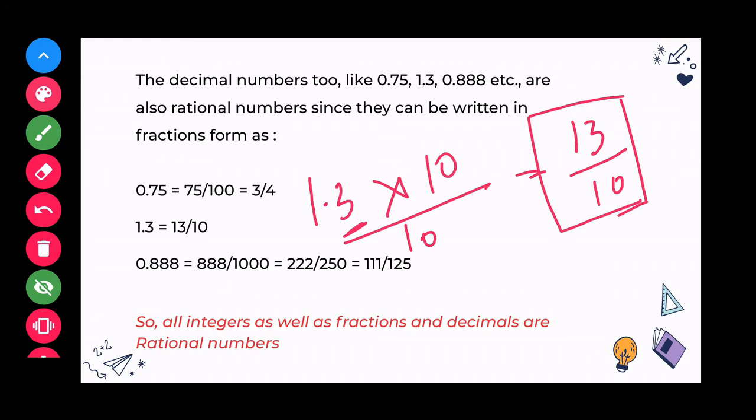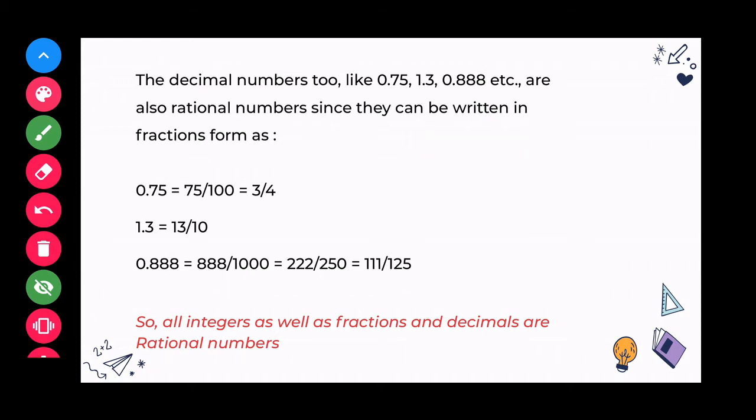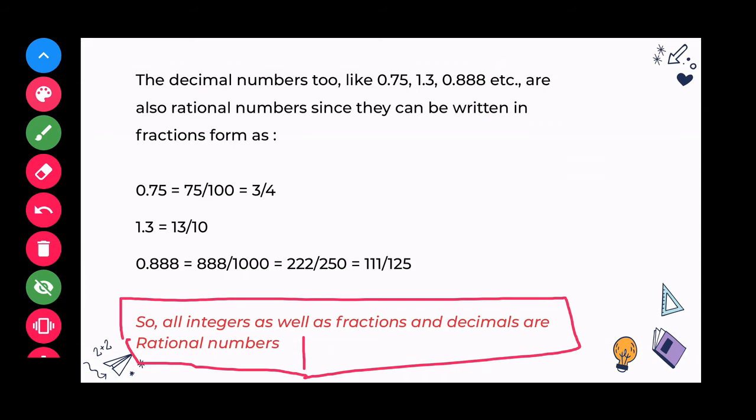Same way we can convert any decimal number into a rational number. So all integers as well as fractions and decimals are rational numbers. As we have seen in the chart earlier, natural numbers, whole numbers, integers, fractions and decimals together form the family called rational numbers, and rational numbers are represented by the letter Q.